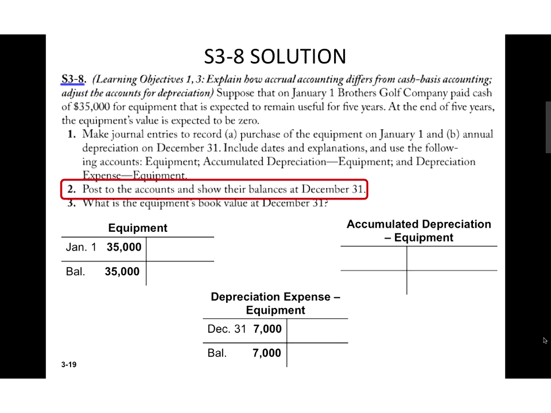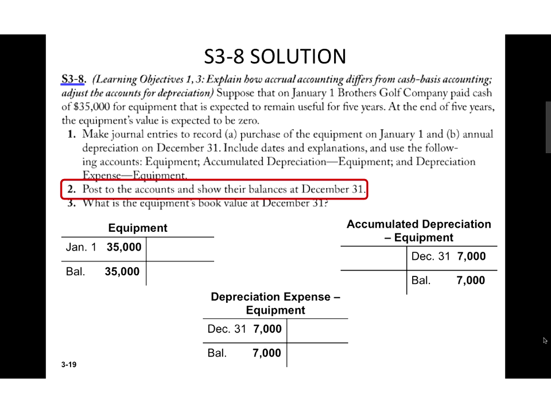So we'll put that in the account, draw a line, drop in the balance. And then accumulated depreciation is going to have a credit, because that was what we credited in the journal entry. So on the credit side, the right-hand side, we'll drop the balance in there too.